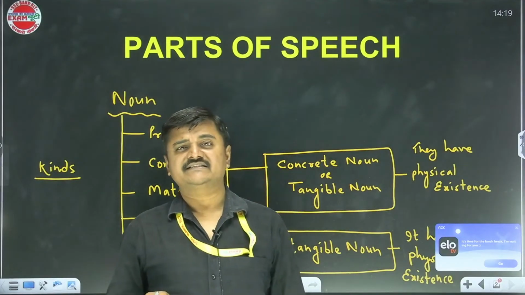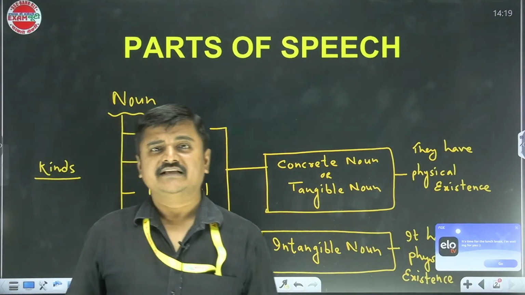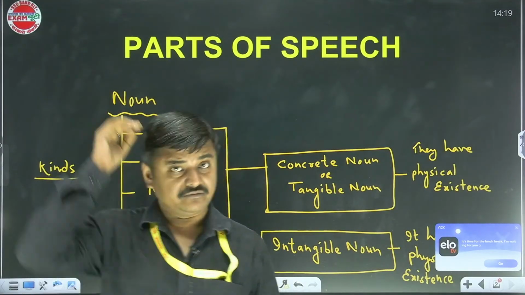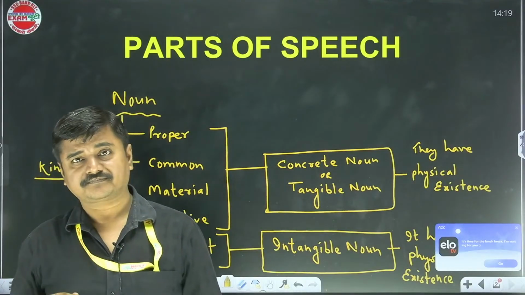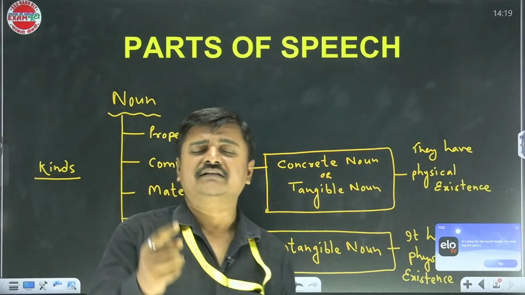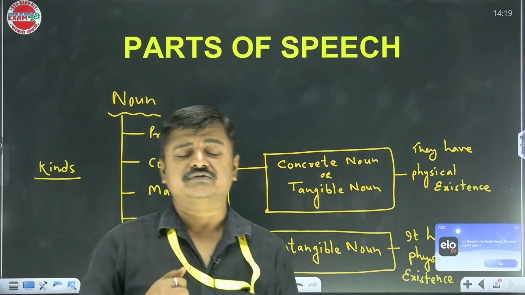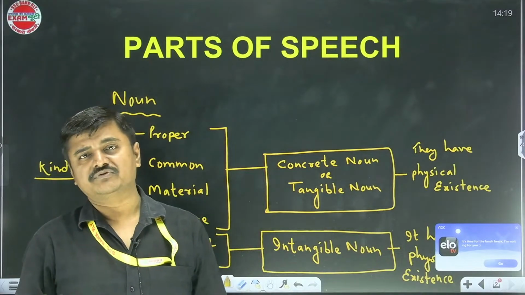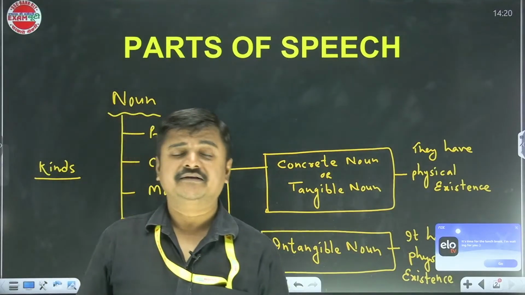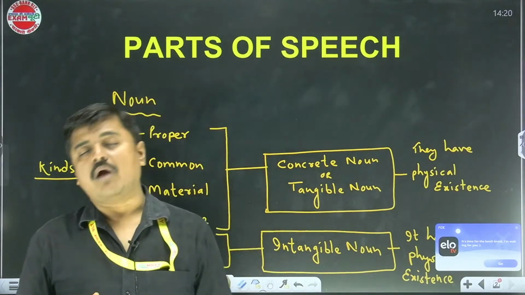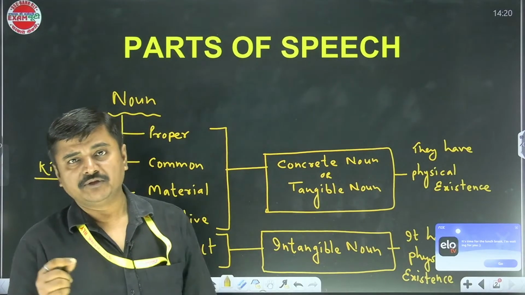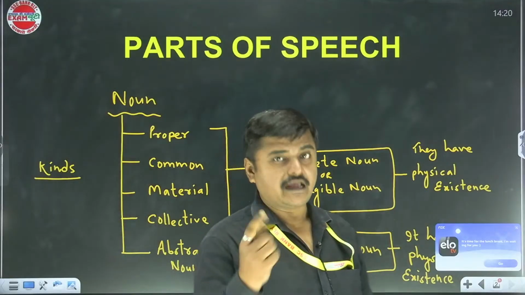When someone says concrete noun, it means he is saying proper noun, common noun, material noun and collective noun. Just taking the name once, he is mentioning four nouns to save time, to save energy, and to be precise and pithy. That's what is required. And when you say intangible, it means abstract.